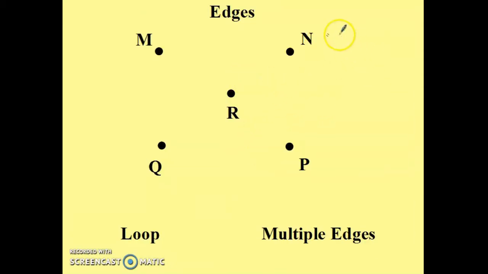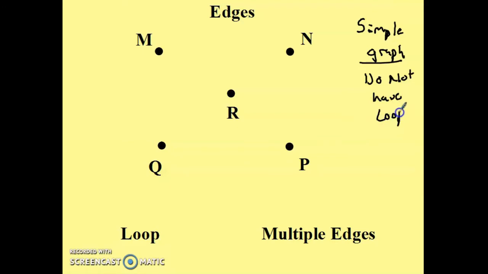Those graphs that we've had are called simple graphs. Simple graphs are ones that do not have loops or multiple edges.